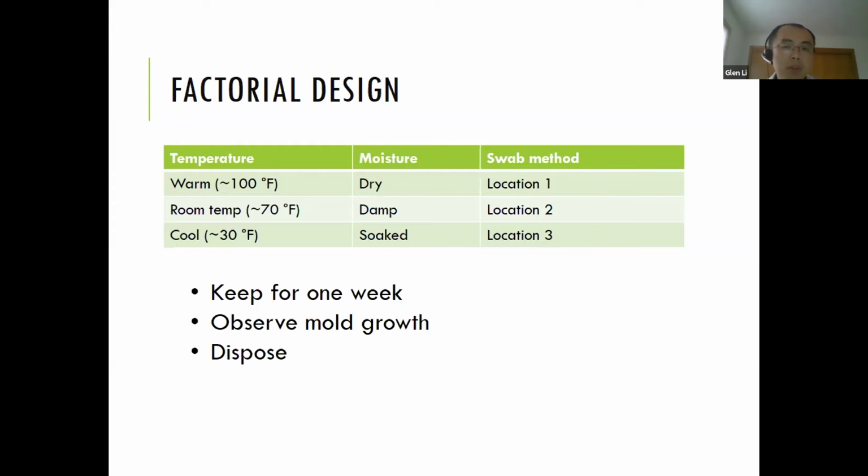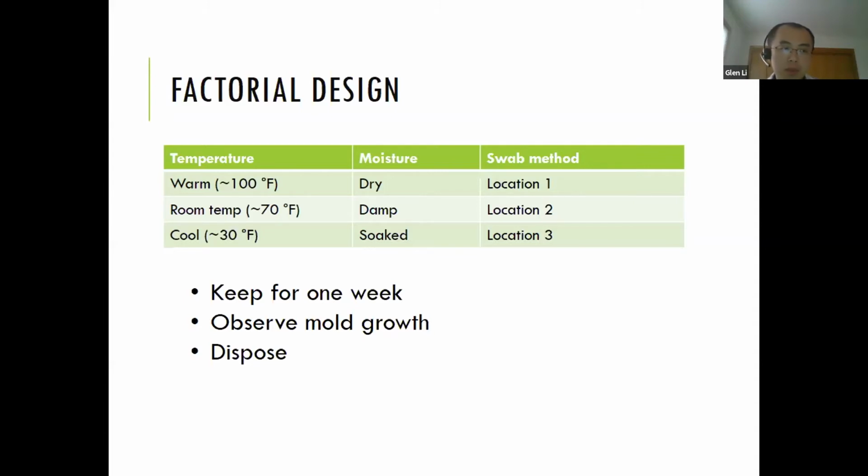So the moisture content was controlled by either just without adding any water to the bread, or just sprinkling some water onto the bread surface. Usually, basically 1 tablespoon is probably good enough per slice of bread.